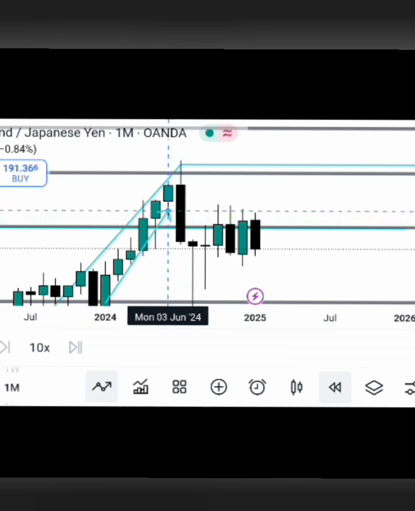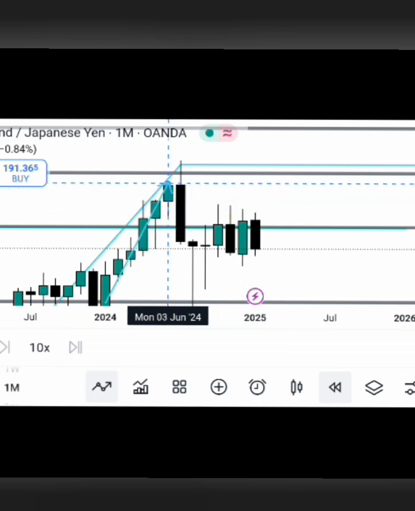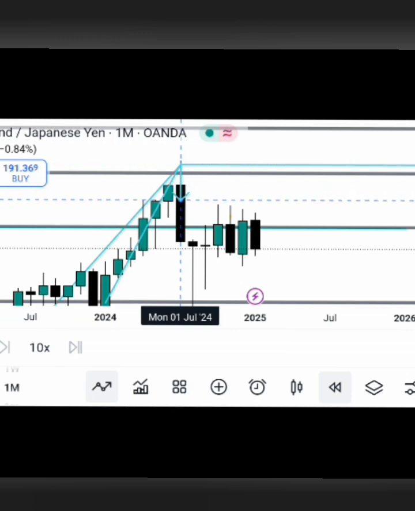Of course, what happened was that the market, as it reached here, so what we were expecting is for the price to pull back to this resistance here for a retest.